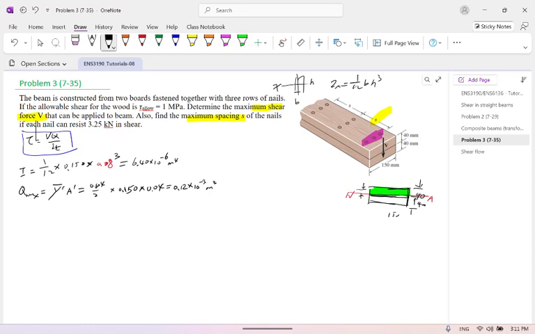So as I said, tau max will equal VQ max over It, and that is equal to tau allowable.